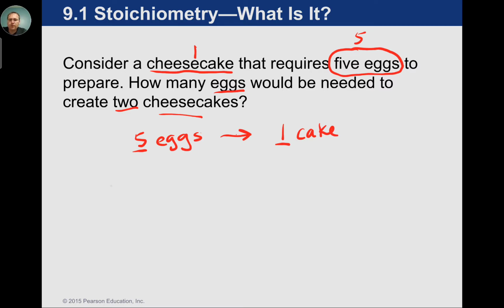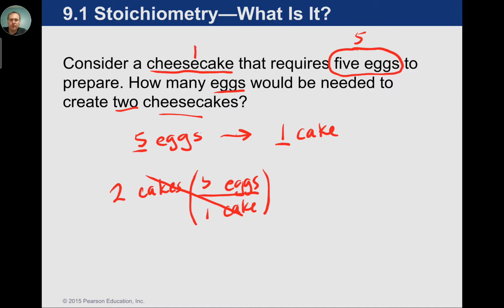So if we want 2 cakes, recognize that we need to cancel cakes. So by putting cake on the bottom and by putting eggs on top, we can calculate, because these units cancel, that there's 1 cake per 5 eggs.